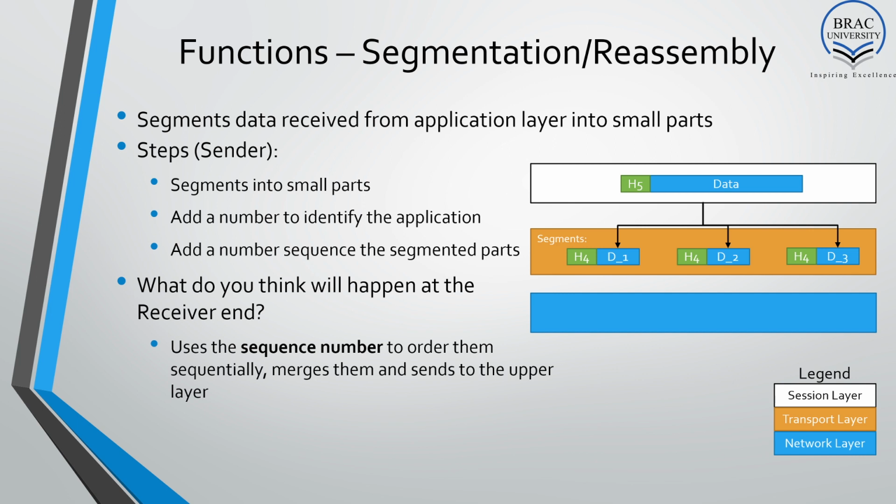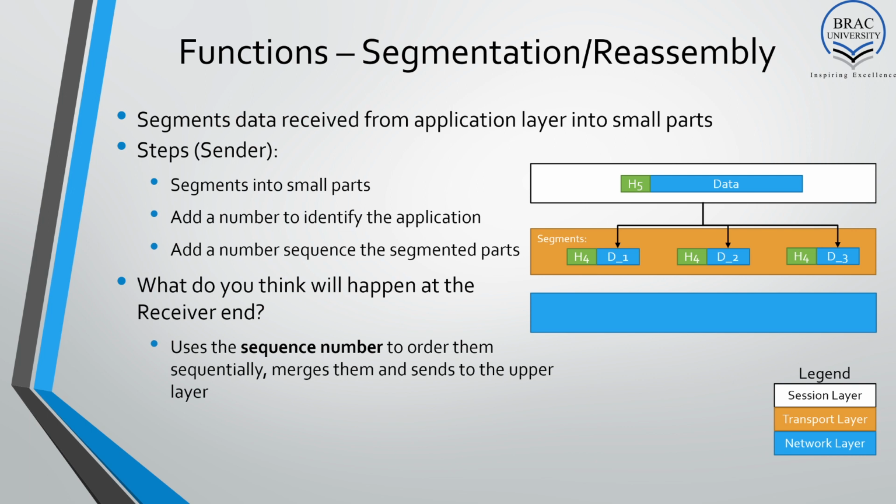Something like that. Now, since the data is all segmented, this data needs to be identified at the destination, because there is no ensuring that this data will be delivered sequentially. Maybe data 1 will go first, then data 3, and data 2 will arrive at the last moment. So to avoid that, they add a sequence number to each part.